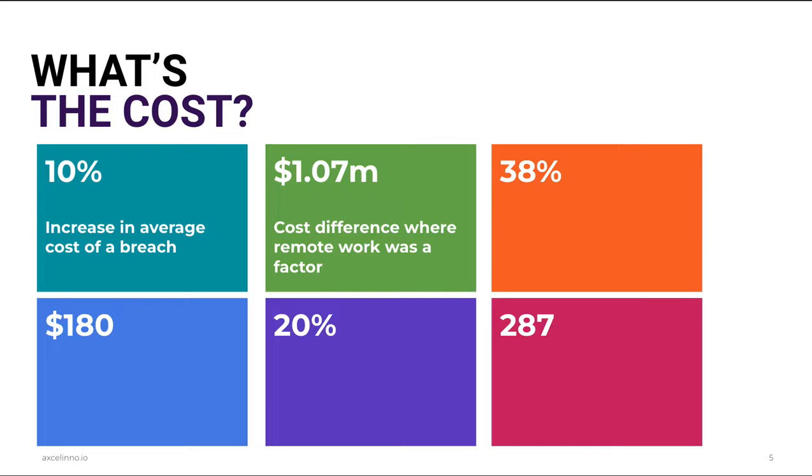The other part of this too, which is important to look at, and we'll dive into this a little bit further in one of the other numbers, is that organizations that had more than 50% of their workforce working remotely took approximately 60, actually 58, days longer to identify and contain breaches than those that had 50% or less working remotely.